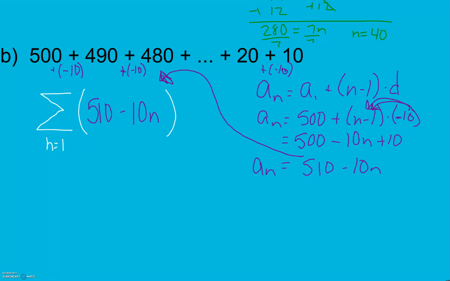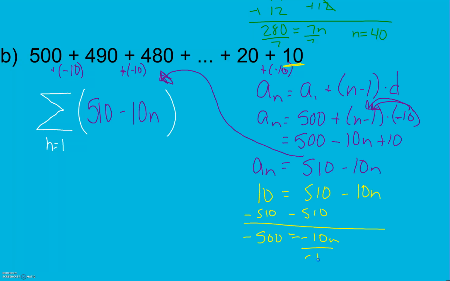Our last step here is to figure out what our n value actually is. So we take our last term and solve. So I'm going to subtract 510. Get negative 500. Divide by negative 10.